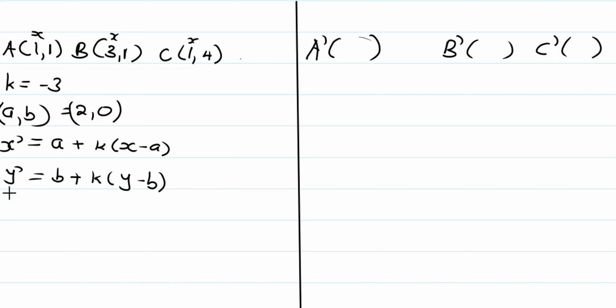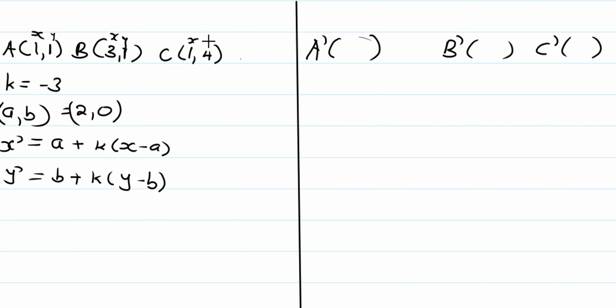And then for y, there will be b, where b is the second value of the center of enlargement, then plus k, where k is the scale factor, times y, where y are these coordinates here.